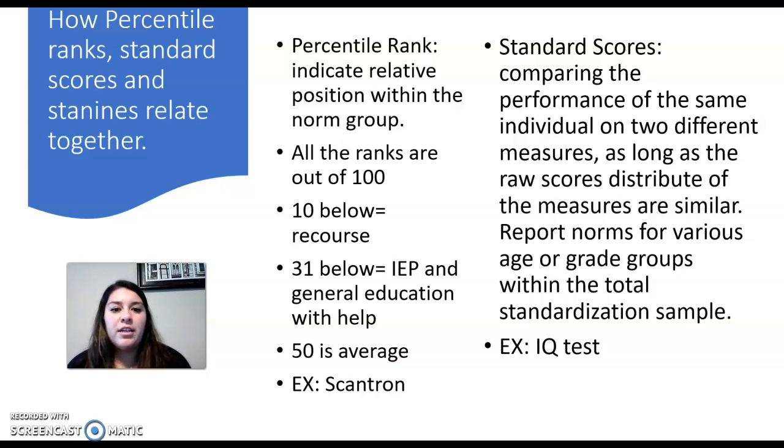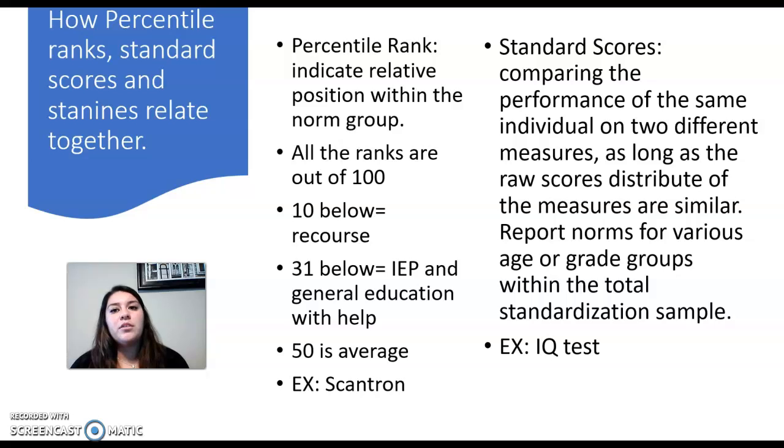So 10 usually is resource, 31 is students in their general education classroom with an IEP, and then 50 is average. An example of a test that would be given is Scantron.